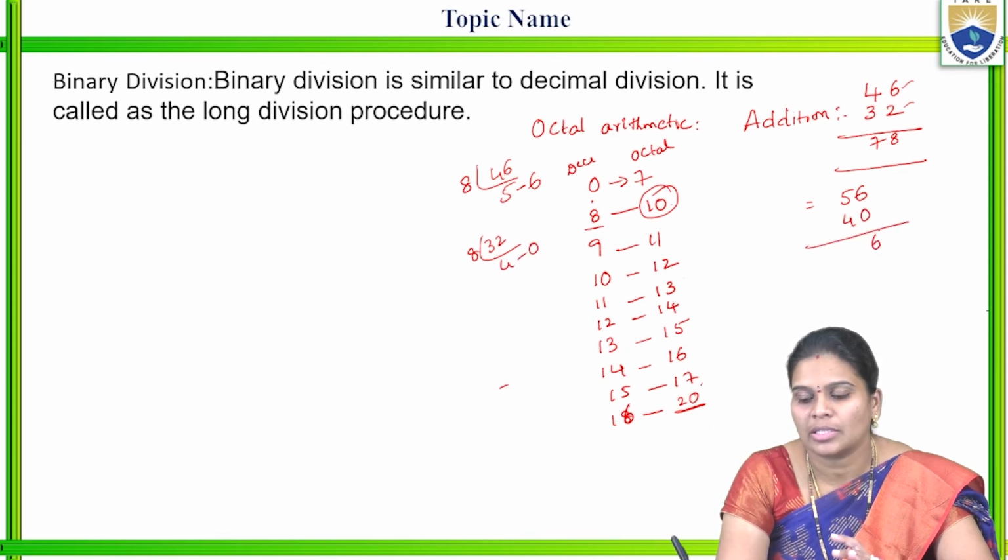So here the 6, 5 plus 4, 9. So 9 is not possible. So that's 116. Okay. So here the carry is present. Whenever we are converting these values into octal values, we are getting the resultant 116. So this is the octal value.